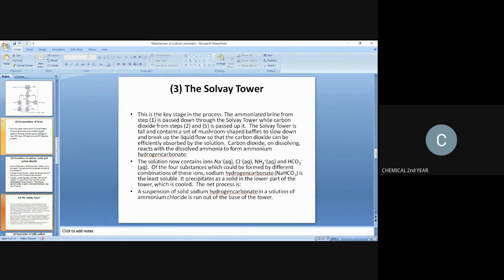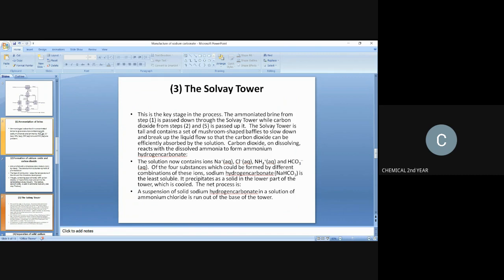CO2, on dissolving, reacts with the dissolved ammonia to form ammonium hydrogen carbonate. The reaction is ammonia plus water plus carbon dioxide gives ammonium bicarbonate.